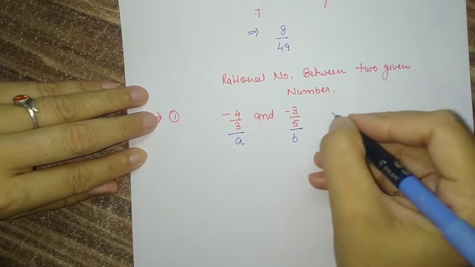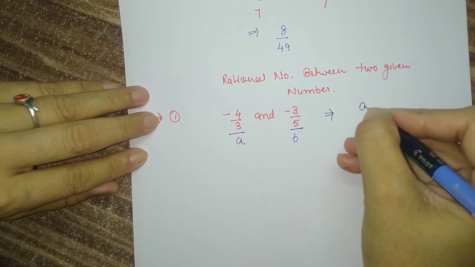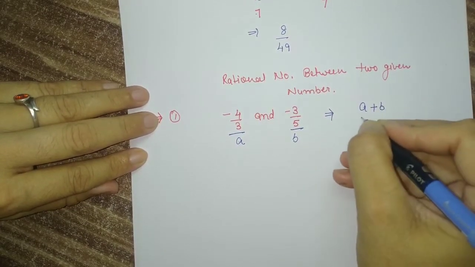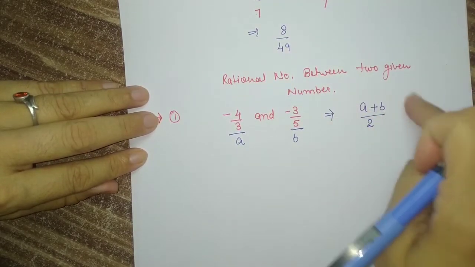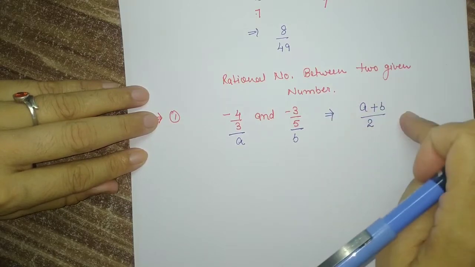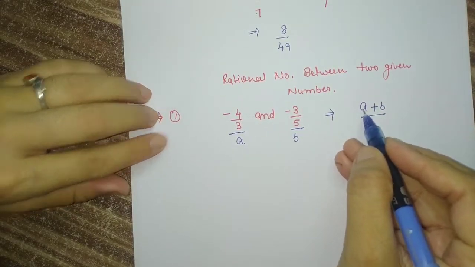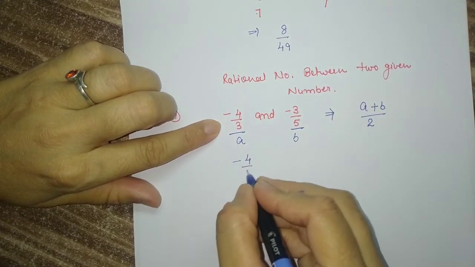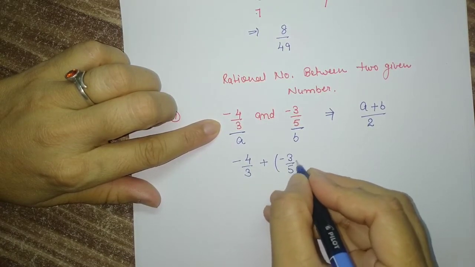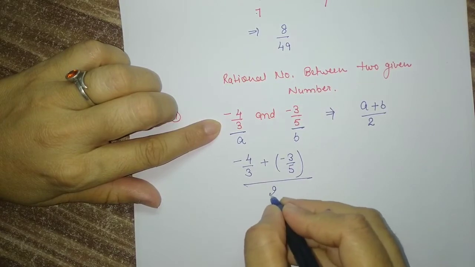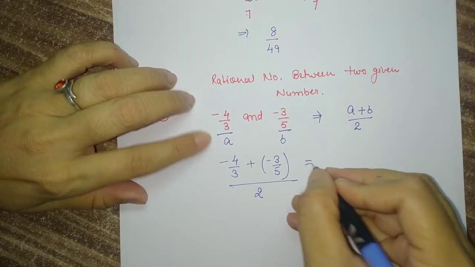What formula will we apply? A plus B and then divide by 2. What we are doing here is finding the average of these two. So minus 4 by 3 plus minus 3 by 5, then divide by 2. Solve.